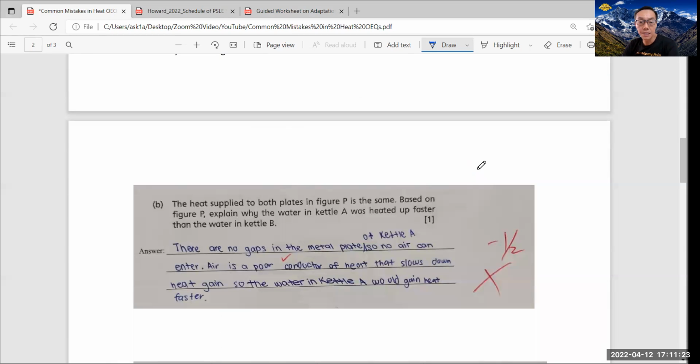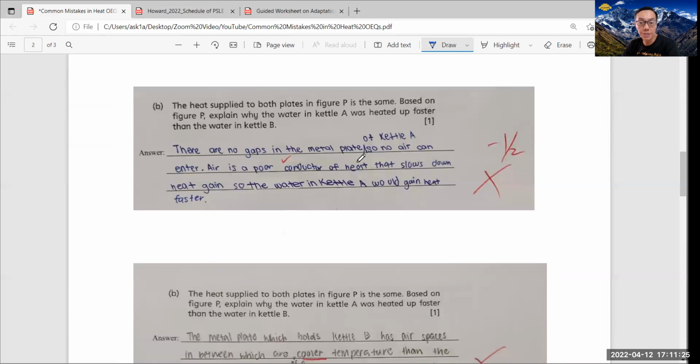Okay, let's see the next question. It's the same question by another student. So this student answered by saying, there are no gaps in the metal plate of kettle A, so no air can enter. Air is a poor conductor of heat that slows down heat gain, so the water in kettle A would gain heat faster.